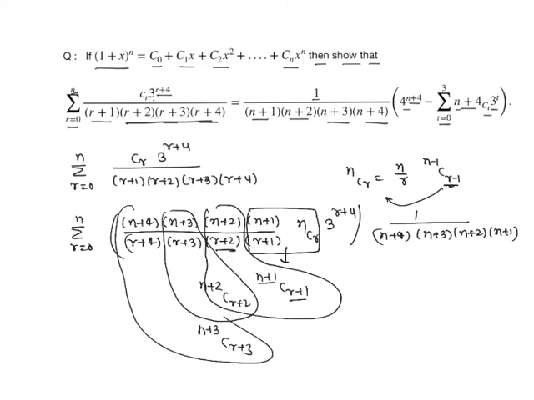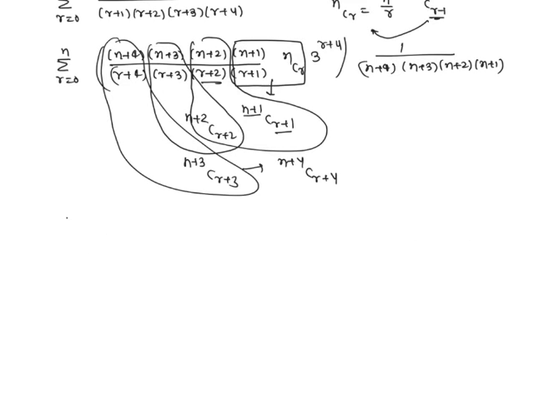Similarly, this we can write as C(n+3, r+3), and this as C(n+4, r+4). So this equation becomes the sum over r from 0 to n of C(n+4, r+4)·3^(r+4) into 1 divided by (n+4)(n+3)(n+2)(n+1).